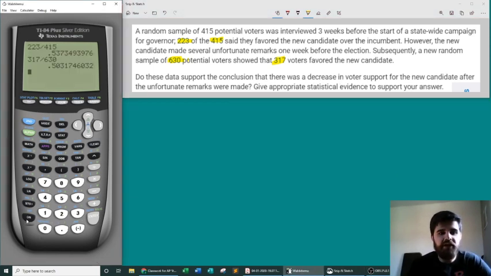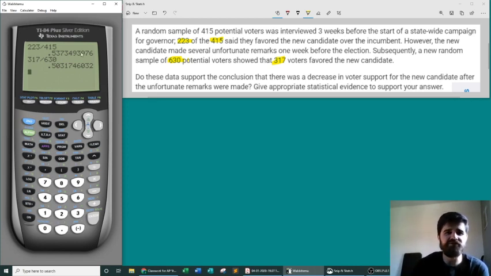So just to get a better idea of these numbers, we can throw these proportions into our calculator and understand them as percentages. So in the first sample, about 54% of potential voters favored this new candidate. But in the second survey, that number has dropped down to close to 50%. So the question here is, does this pretty small drop, about 3.5%, is that a drop that is due to random sampling variability that we're always going to see?